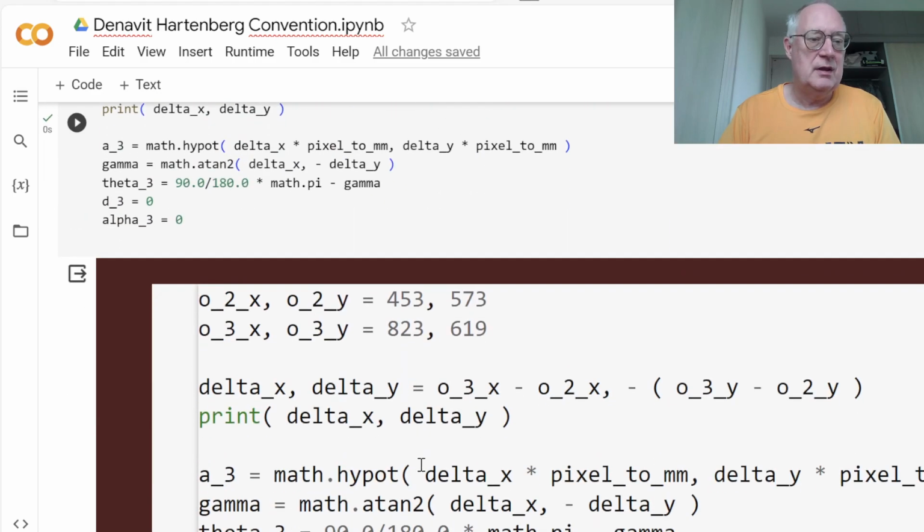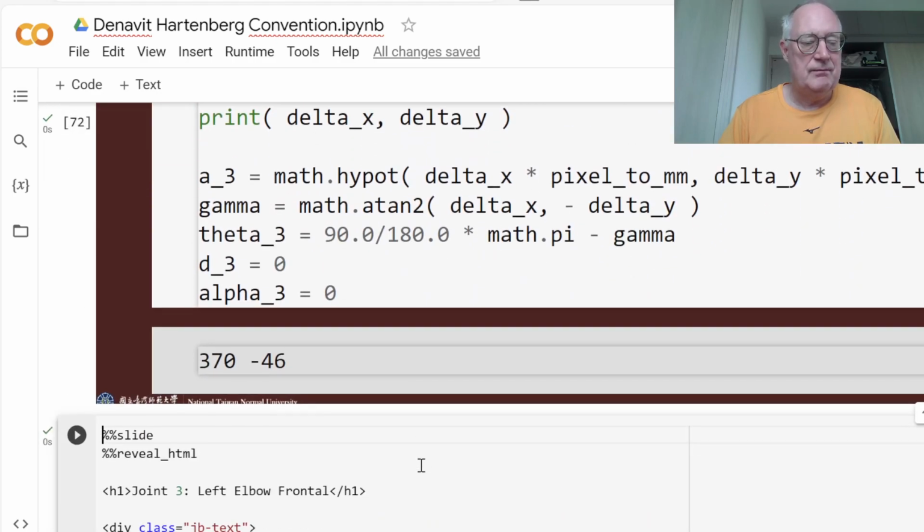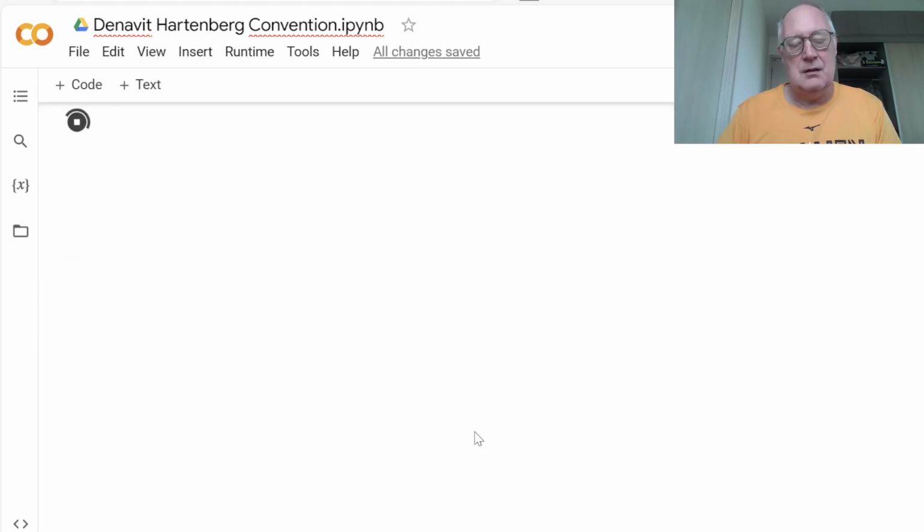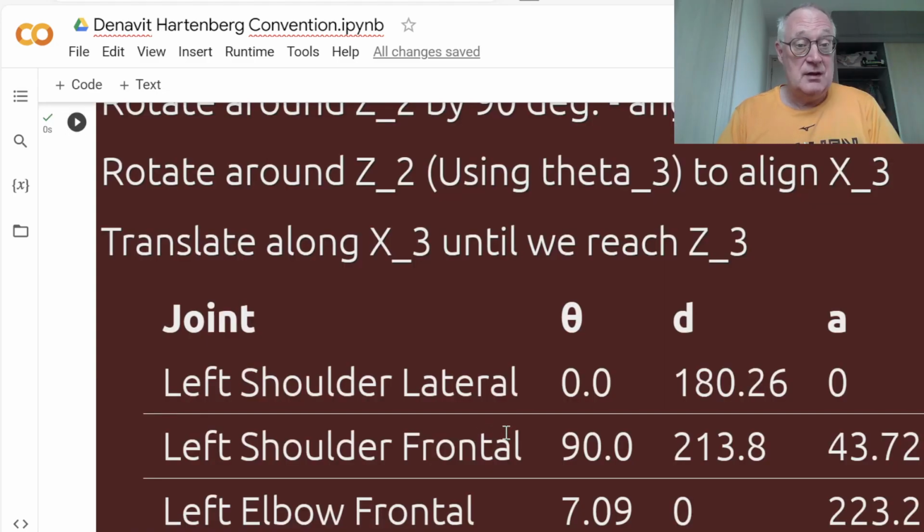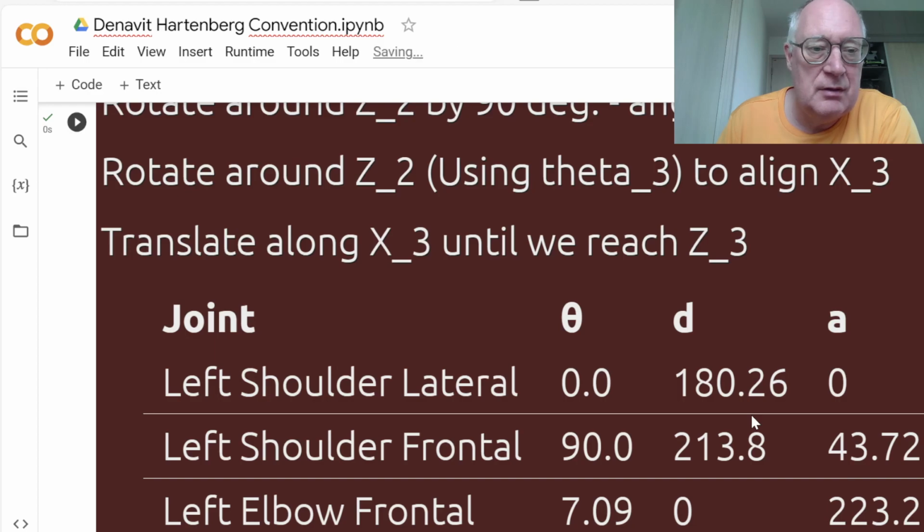So now that should give us a better table. What does it say now? 7 degrees, so that's a more reasonable angle, except it shouldn't be positive. Oh no, it should be positive. Yeah.